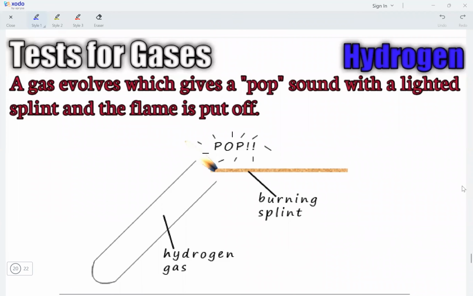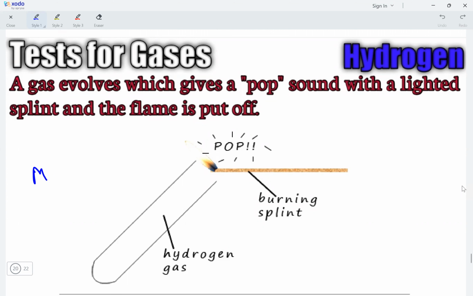The next test is for hydrogen gas. And in order to remember how we test for hydrogen gas, just remember, pop goes the splinter, right? What is happening here? When we have production of hydrogen gas, usually how do we produce hydrogen gas?